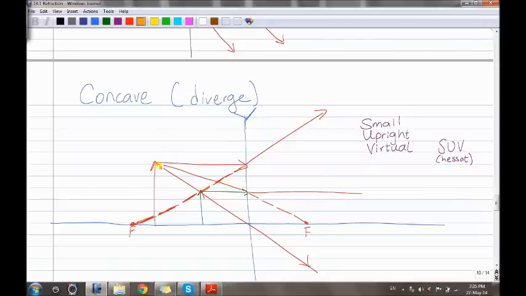So we draw the object in front of the focal point. Then it will produce a ray that will diverge. When it diverges, we'll draw dotted lines that will go through the focal point, and then we'll draw another ray that will refract back parallel behind the lens.